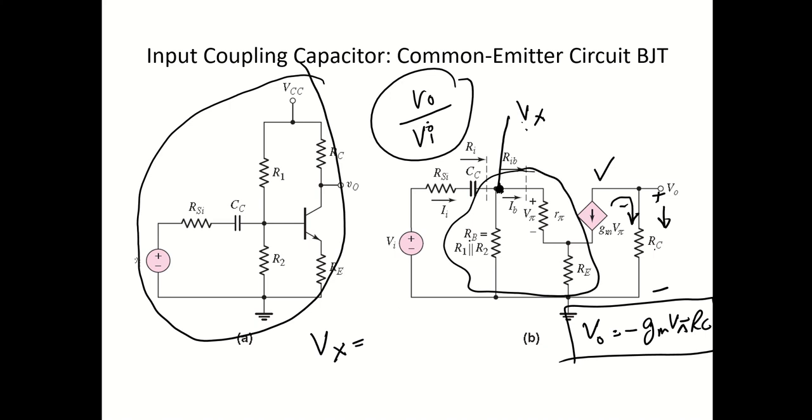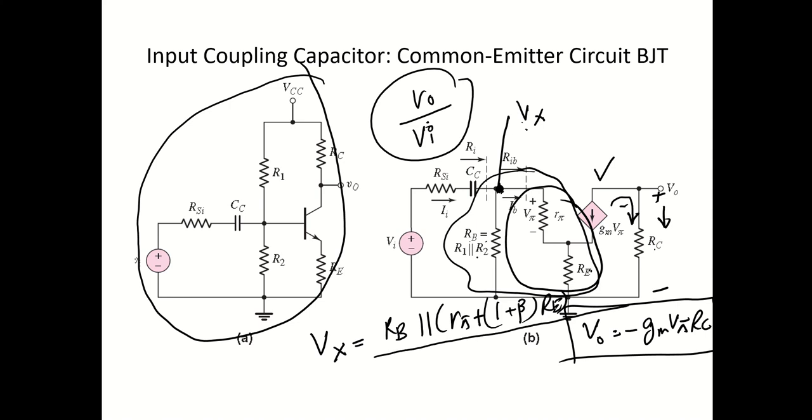This complete branch is Rb parallel with this resistance, which is R pi plus 1 plus beta times Re. Why 1 plus beta? Because of the emitter side current, I am applying the KVL. So this resistance divided by the total resistance of the circuit. The total resistance will be this one.